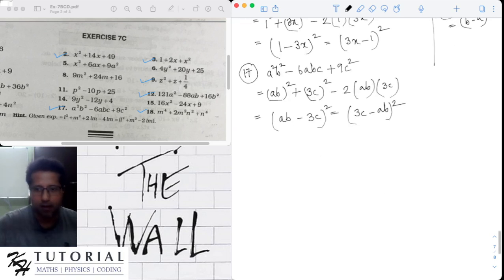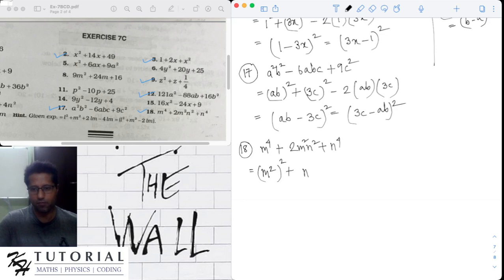Okay, let's do 18. It is m to the power 4 plus twice m square n square plus n to the power 4. Okay, m to the power 4 I know can be expressed as the square of m square.